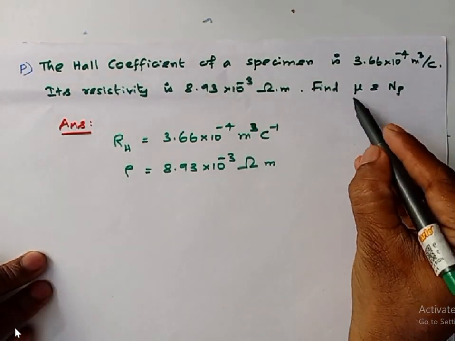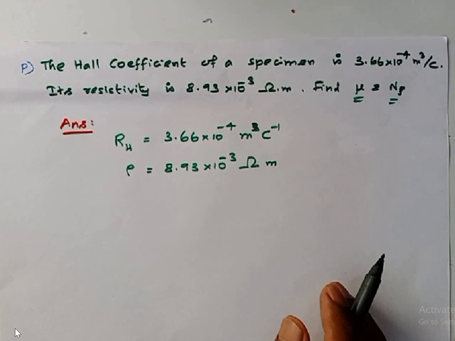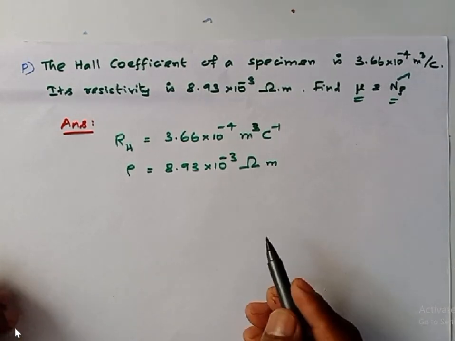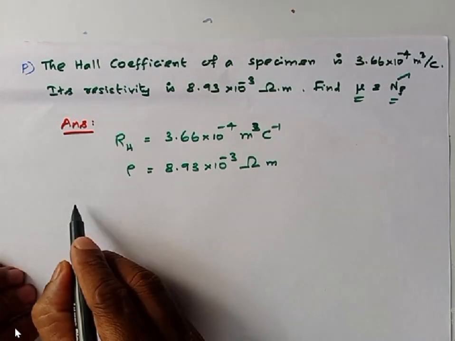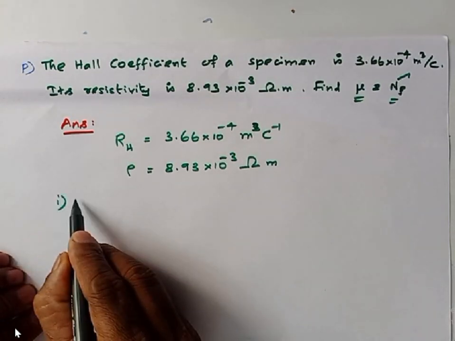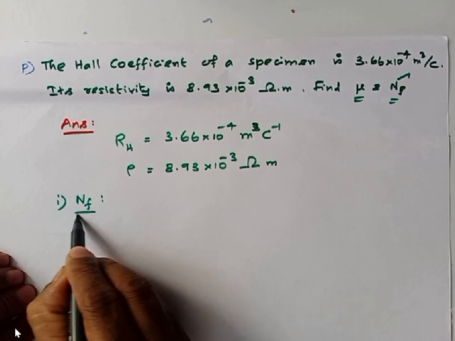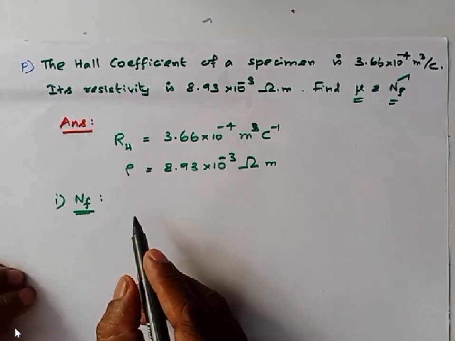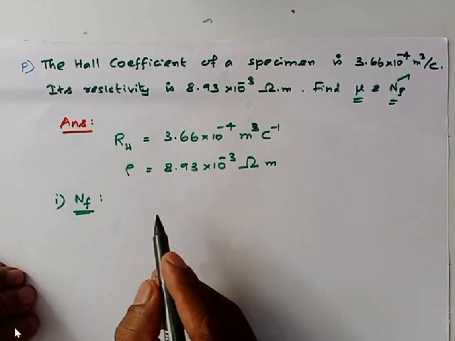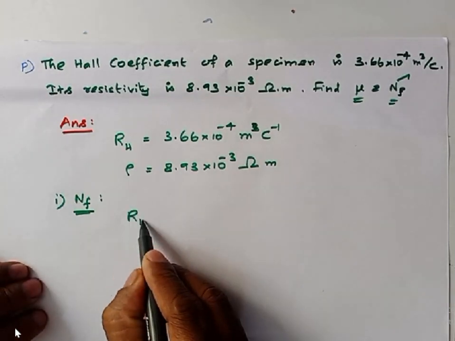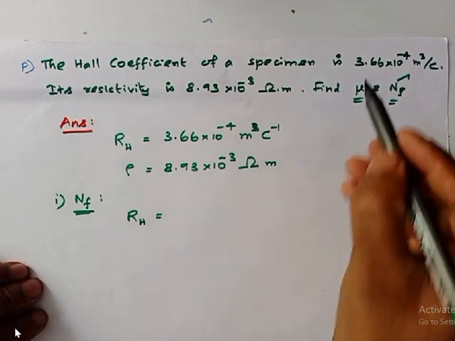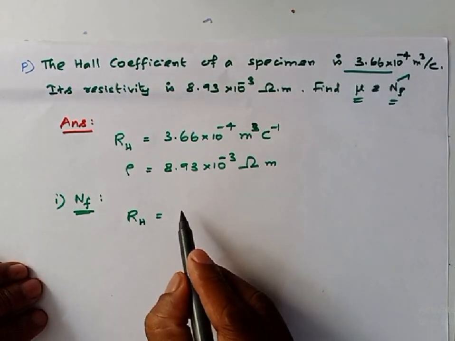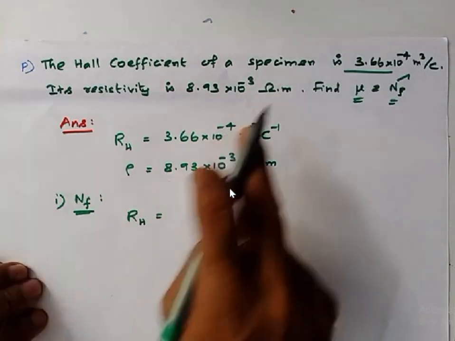We need to calculate the mobility and the number of charge carriers per unit volume. First, let me calculate NF. You know very well how to calculate NF. What is NF? The number of charge carriers per unit volume. How to calculate this? RH is given as a positive value.